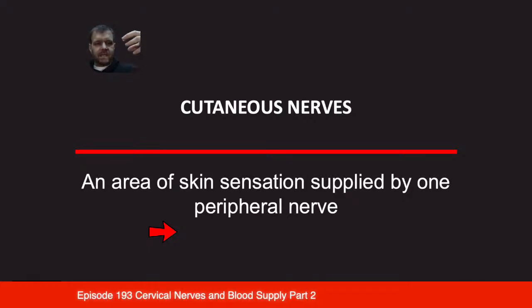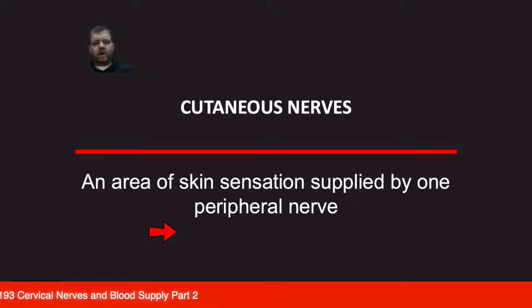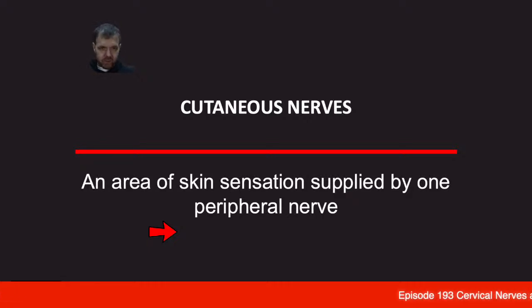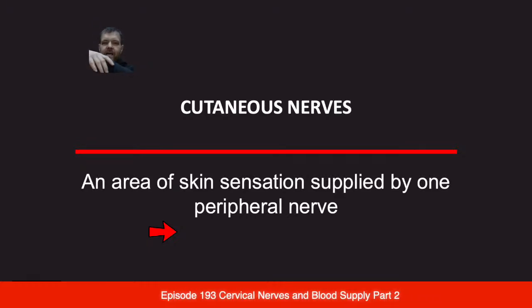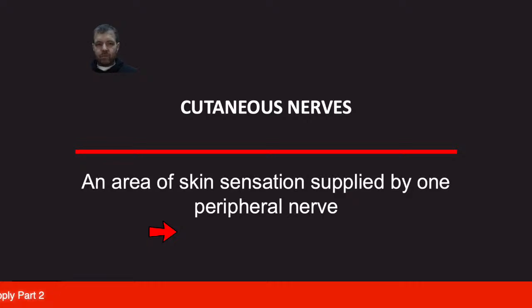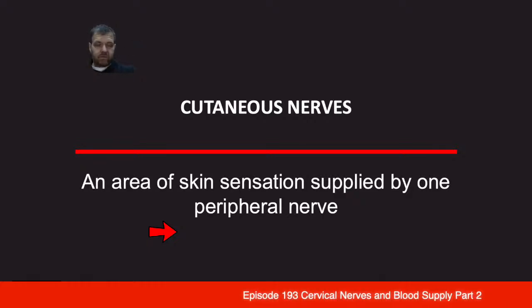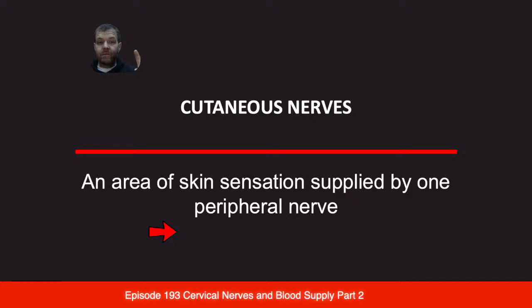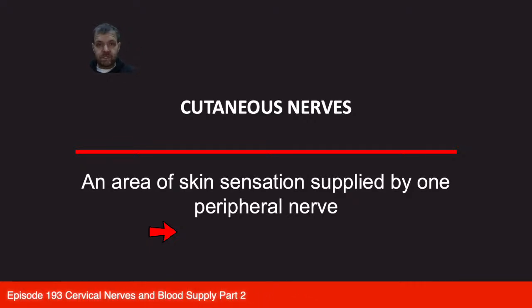So if it's a problem with the elbow joint itself, one of the peripheral nerves that supplies the sensation for that joint is the radial nerve. It also supplies sensation for the back of the arm and down into the back of the hand. Okay, but it's shared in different places with other nerves as well. So the radial nerve will have points along its pathway where it receives information from the skin.